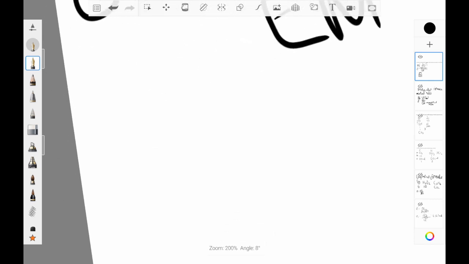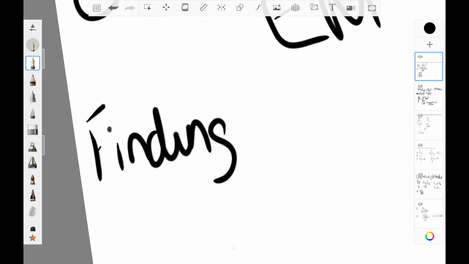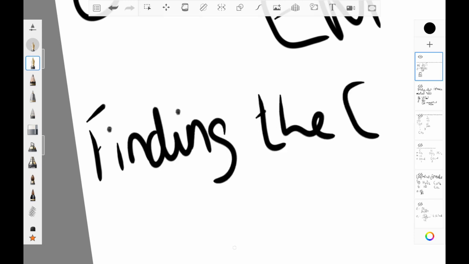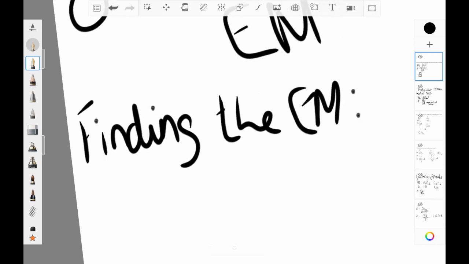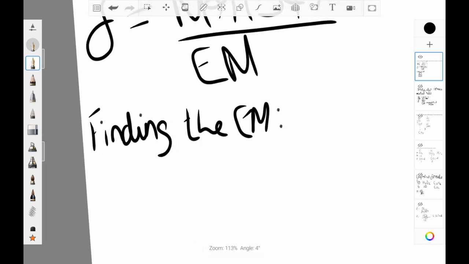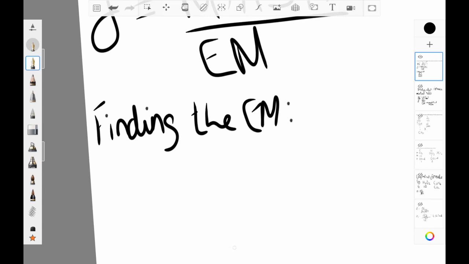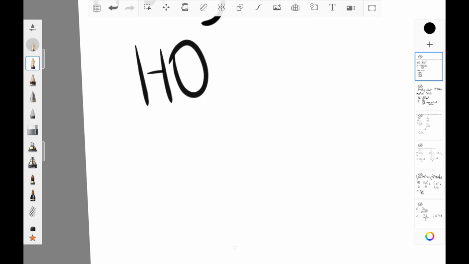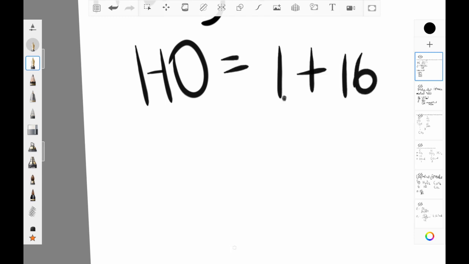So to find the EM, what you do is that you take the empirical formula, and this is just 1 plus 16, where 1 is the AR for hydrogen and 16 is the AR for oxygen. So the empirical mass is 17.